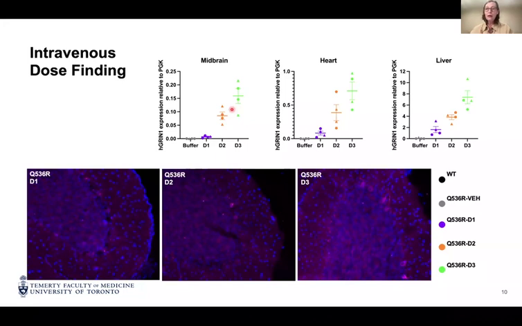The reason why we care about this is that the effects that are seen with AAV that we know about from treating SMA and treating DMD are liver toxicity and cardiotoxicity. So we really want to note what's going on with the liver and the heart, and part of that is knowing how much virus goes there, and we're going to be looking really carefully at those organs to make sure that they are okay.